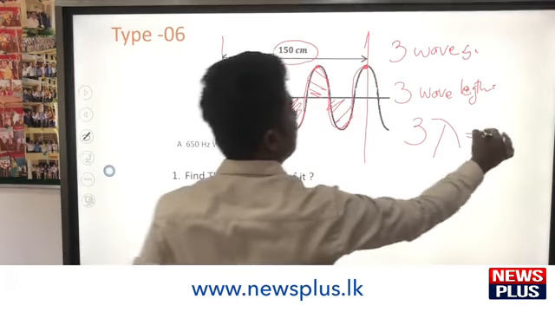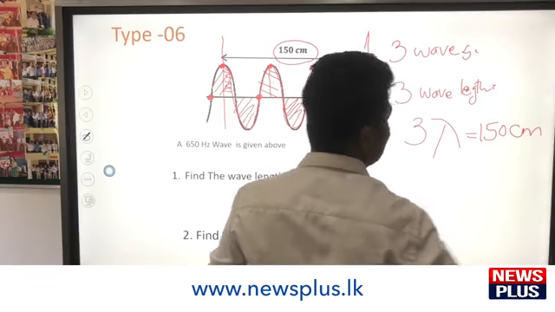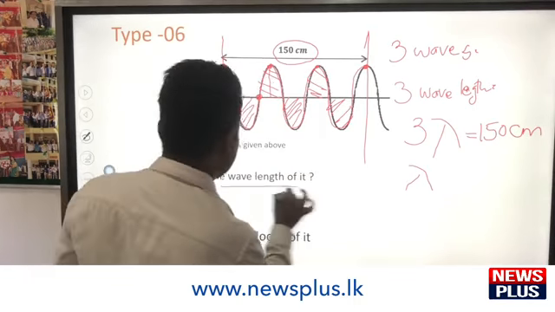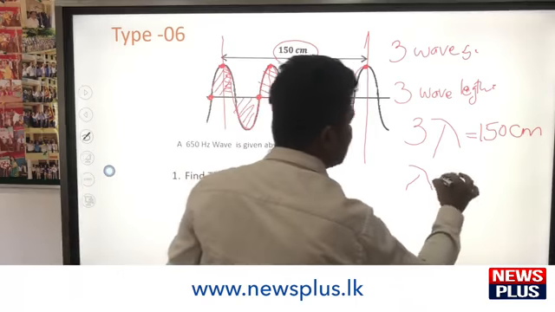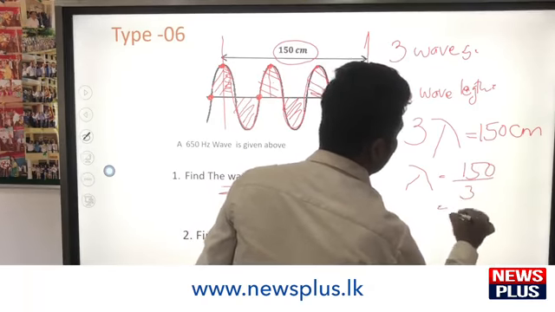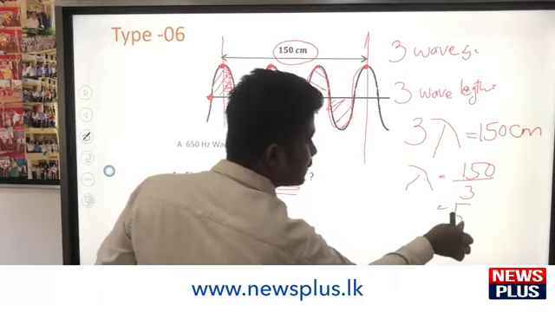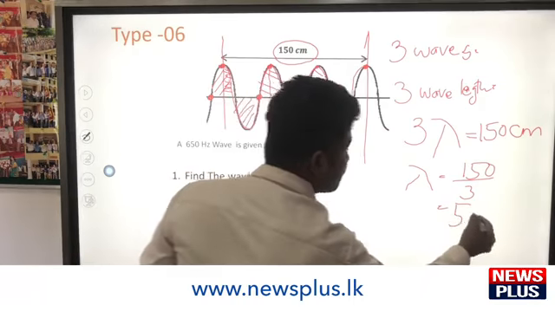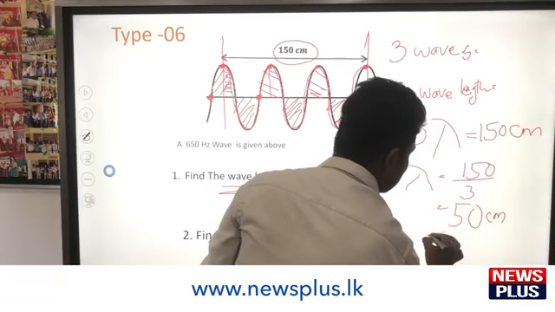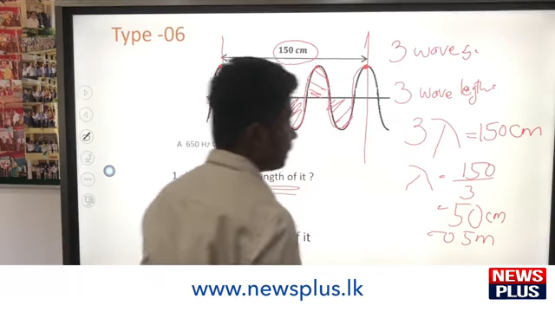This gap is 150 centimeter. The question asks for the wavelength, so lambda is equal to 150 over 3, which is 50 centimeter. It is given in centimeter, and if you put it like this, that is wrong. 50 centimeter means 0.5 meter.